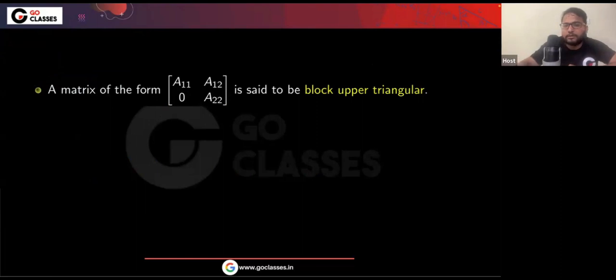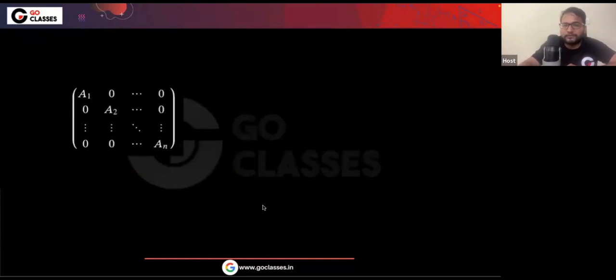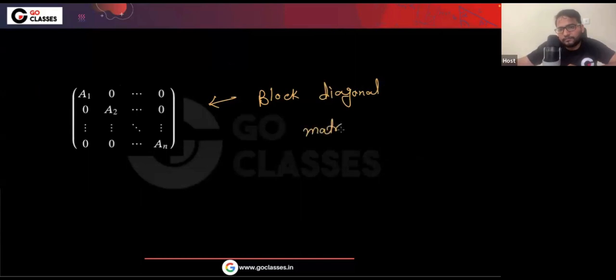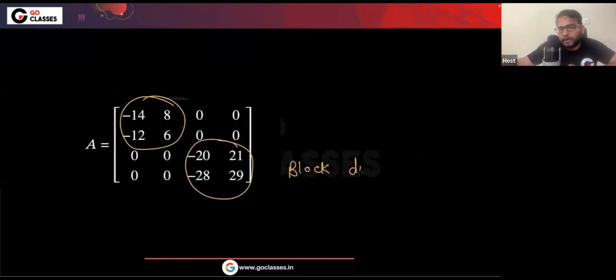Okay. So now, if you have something like this, where only on the diagonal you have non-zero block matrices, then it is called a block diagonal matrix. These are just names. For example, this is a block diagonal matrix. Now tell me what kind of matrix this is. This is also a block diagonal matrix, right?